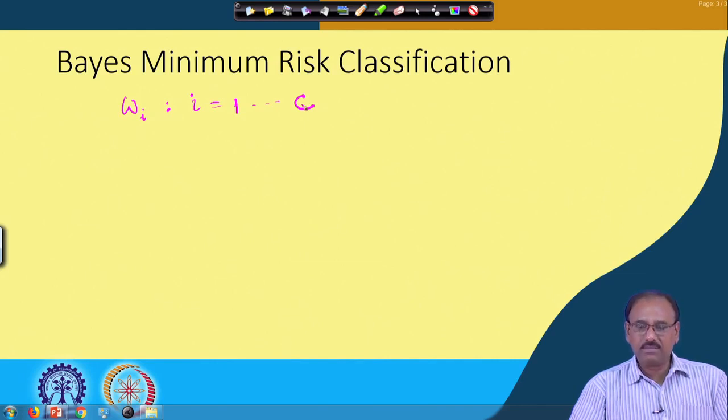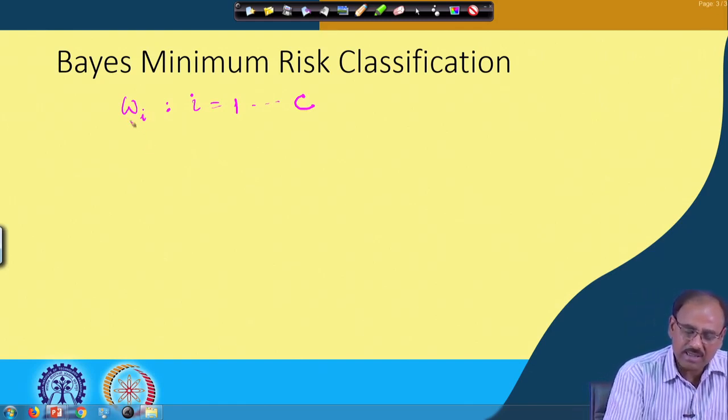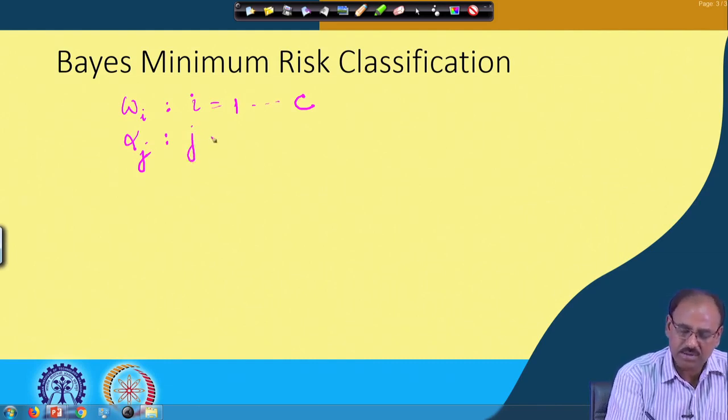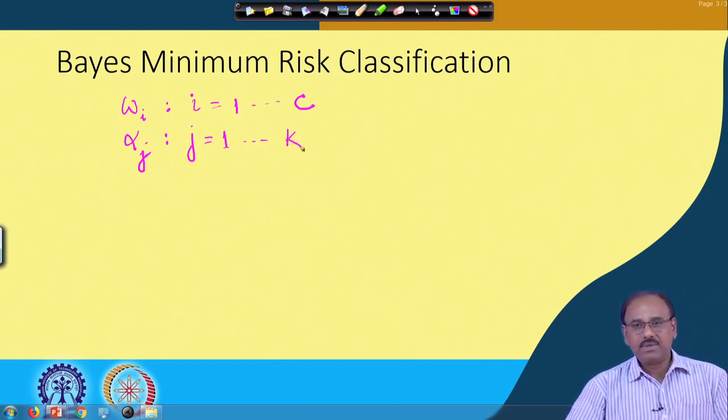In the case of the Bayes minimum risk classifier, we consider this omega i to be the states of nature, which are nothing but classes for our classification problem, and we also have a set of actions, say alpha j, where j varies from 1 to capital K. So, I have c number of true states of nature, and I have k number of actions alpha.